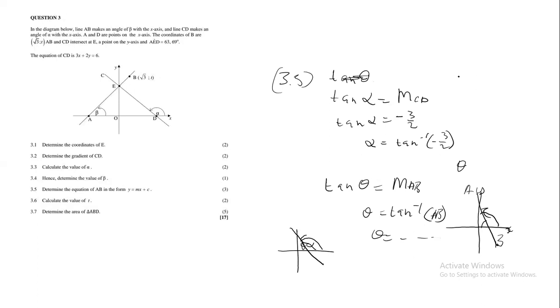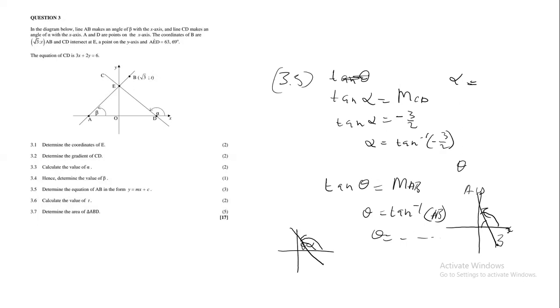So in this case, we're going to say alpha is equal to, let me just use my calculator over here. You're going to press second function tan, negative 3 over 2. And therefore, I get, to 2 decimal places... why do I get this?